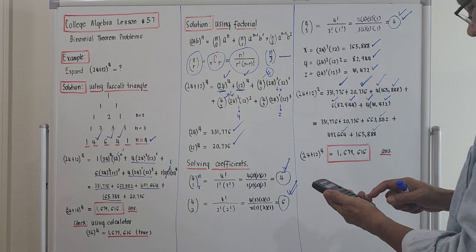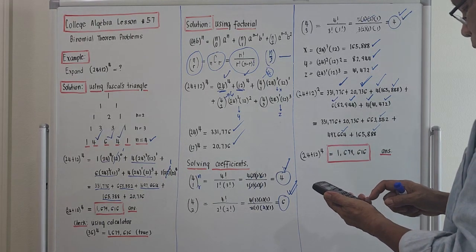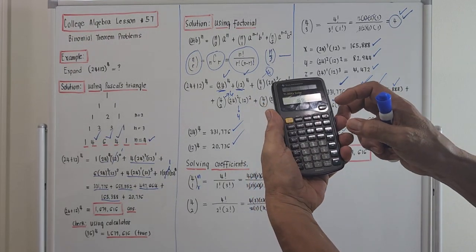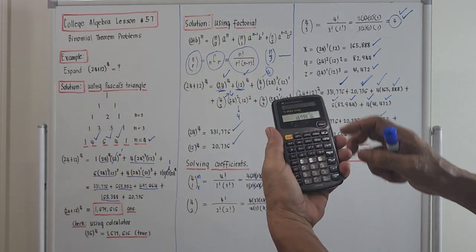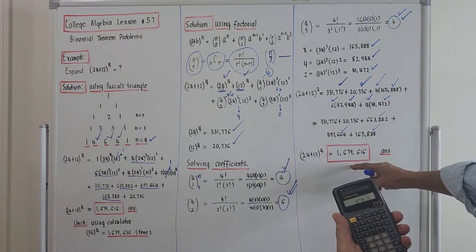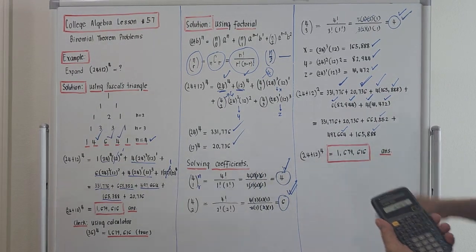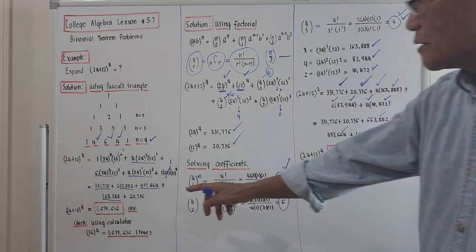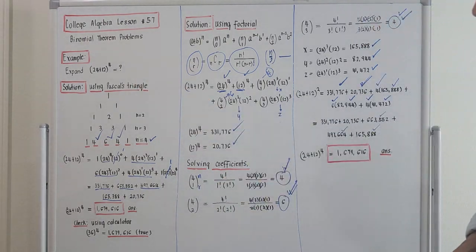The last part is plus 165,888 equals. The value is 1,679,616. Hallelujah. This answer here is the same as the answer using Pascal's triangle.